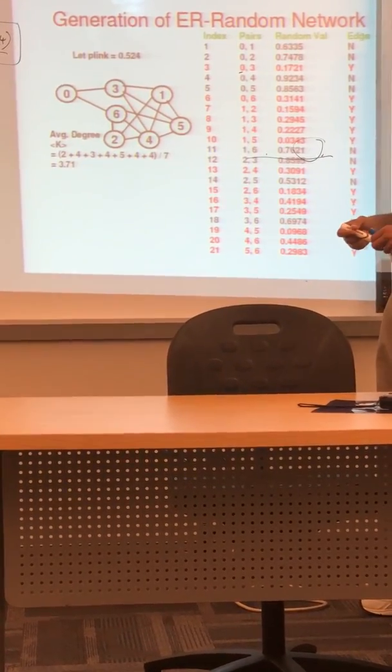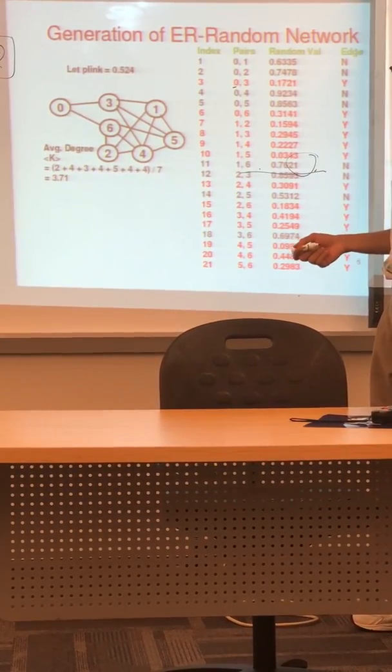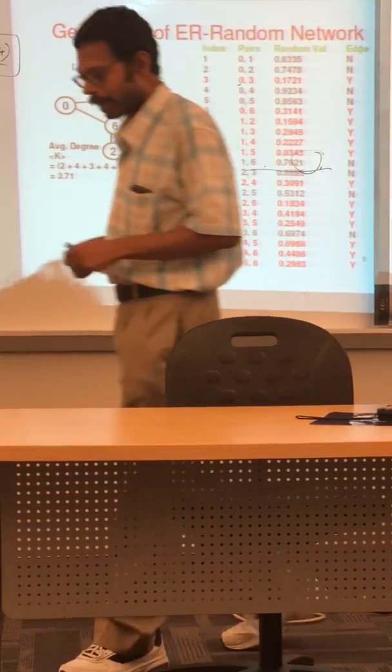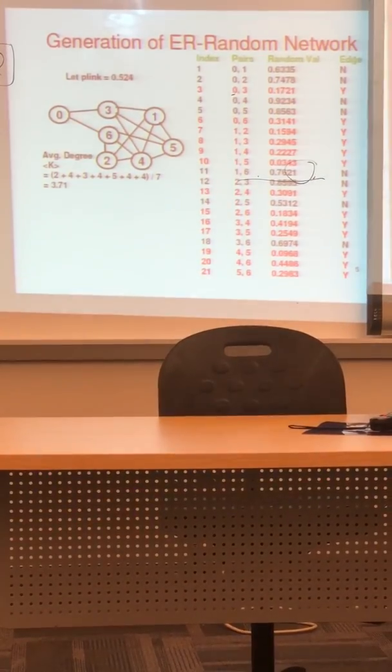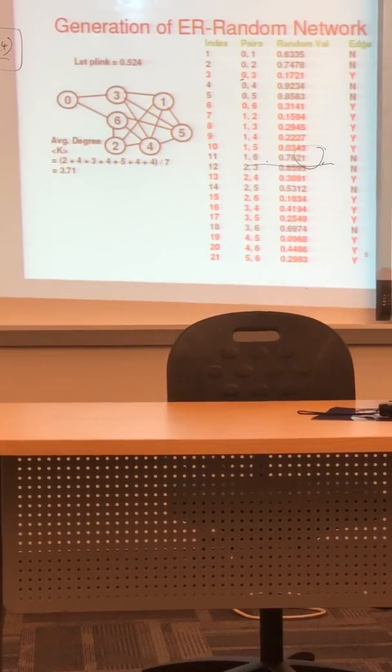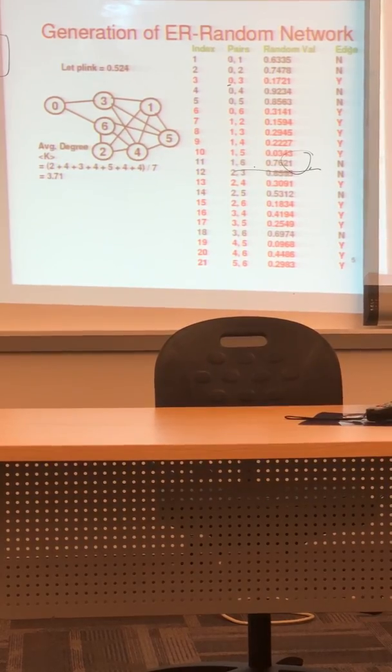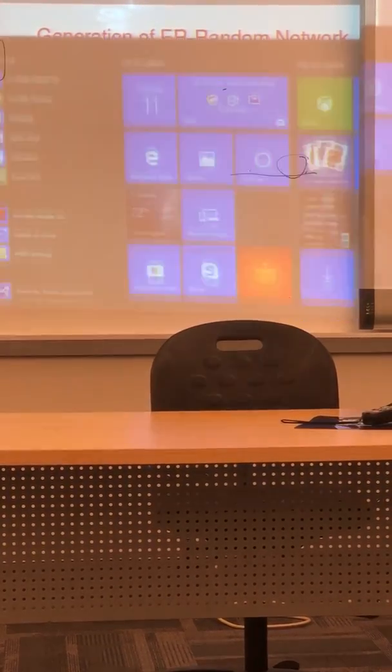That random value we will generate through a Java file. Yeah, you could use Excel to generate. So in an exam, if I ask you to do something like this, you could use Excel to generate random numbers. Let me show it here.